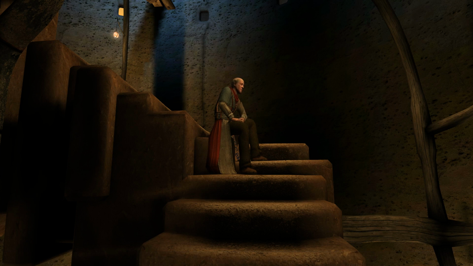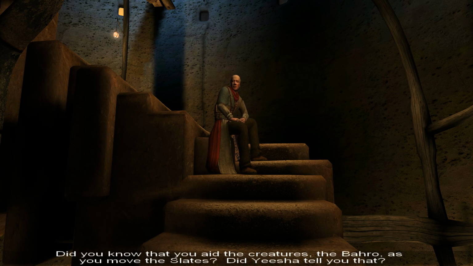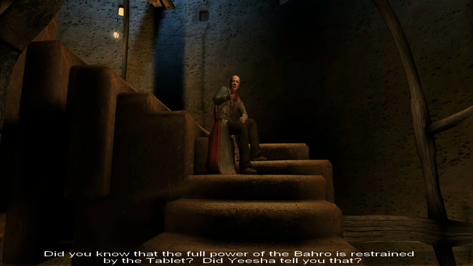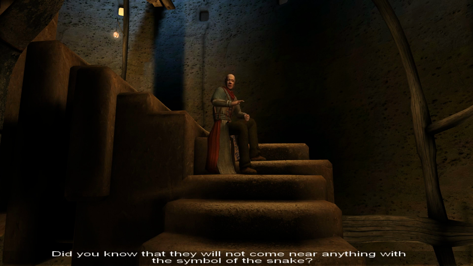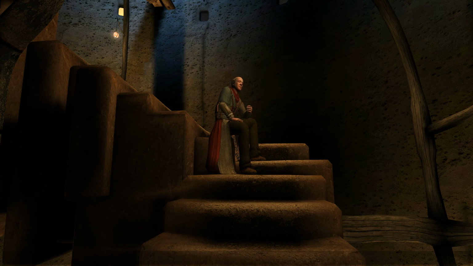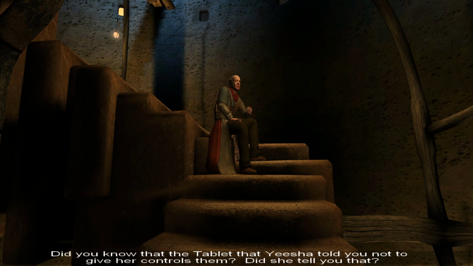Did you know that you aid the creatures, the Bachro, as you move the slates? Did Yusha tell you that? Did you know that the full power of the Bachro is restrained by the tablet? Did Yusha tell you that? Did you know that they will not come near anything with the symbol of the snake? Did you know that the tablet that Yusha told you not to give her controls them?